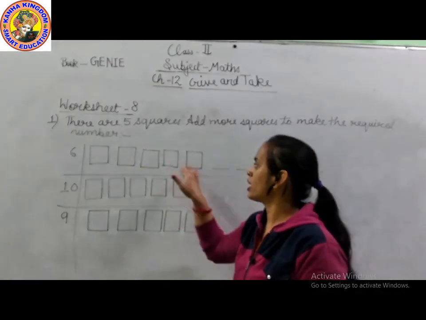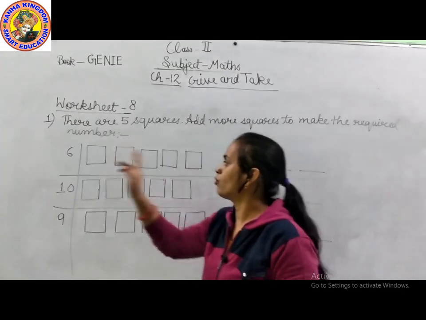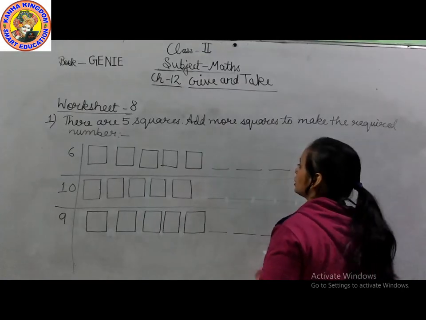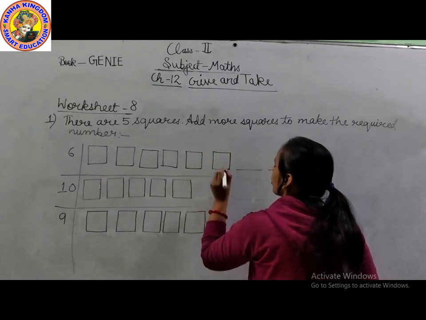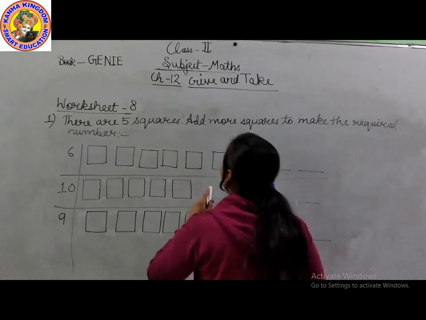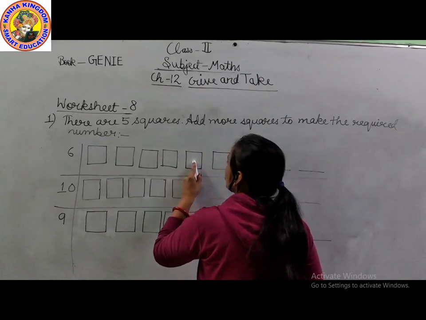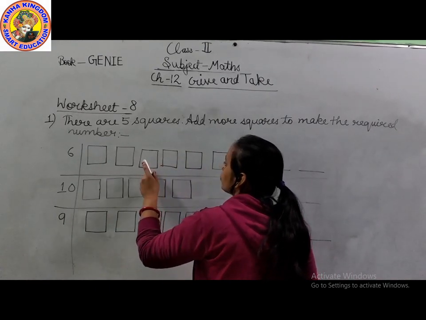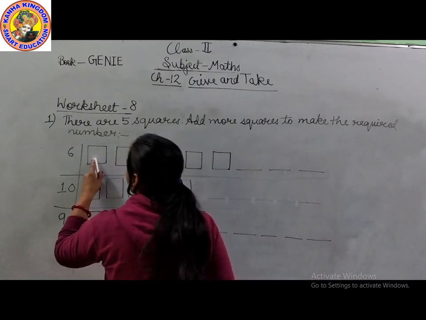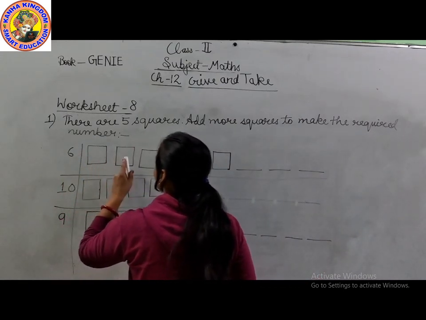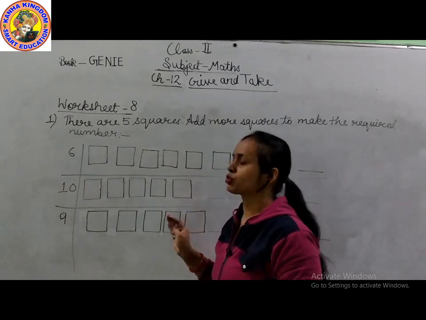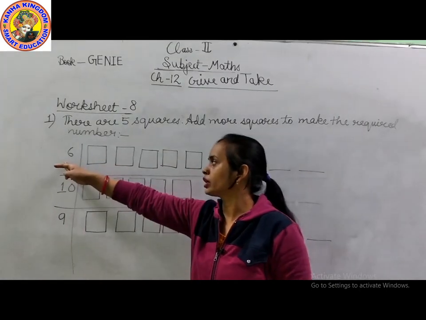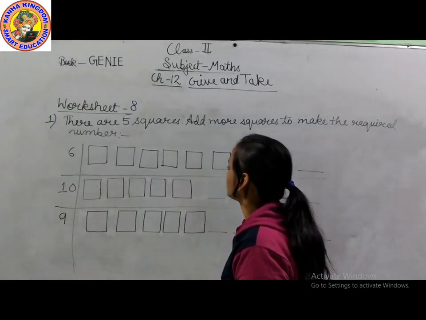Means there are 5 squares. So 5 plus 1, 6. So we have to make one more square. Now count 1, 2, 3, 4, 5, 6. 6 equals 6 squares. So we have to make only one square to get 6.